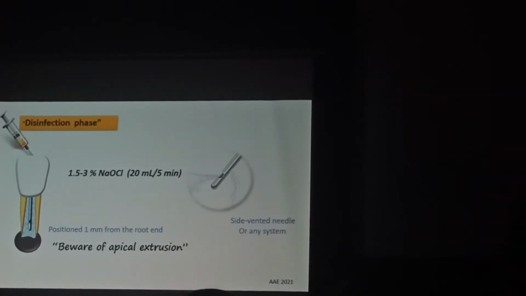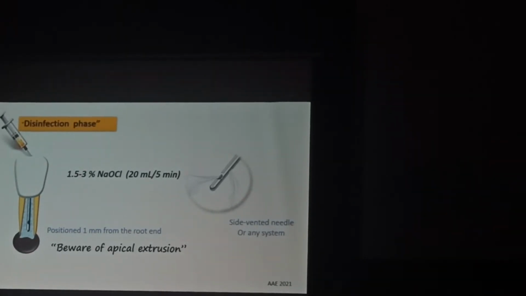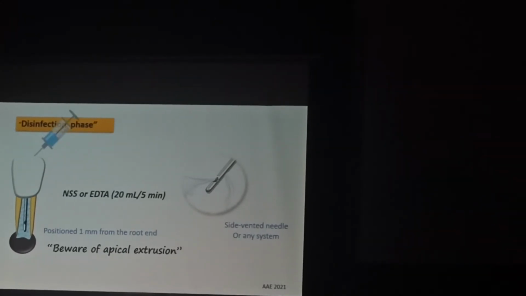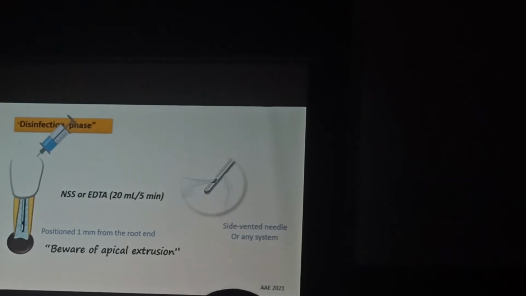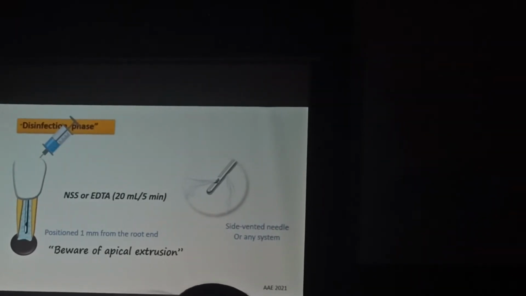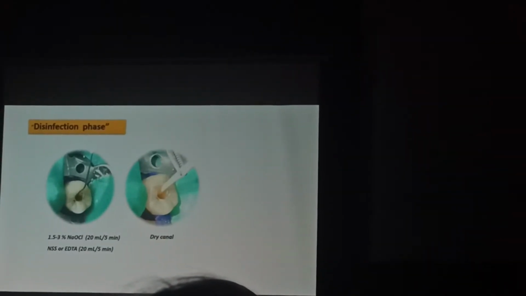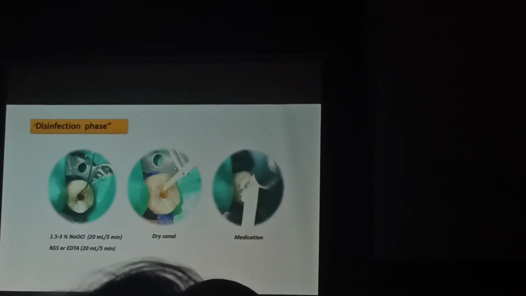So it is recommended to position the needle at 1 millimeter from the root end. After that, irrigate with normal saline or EDTA for 5 minutes. So here is an example. After that, dry the canal and place the medication.